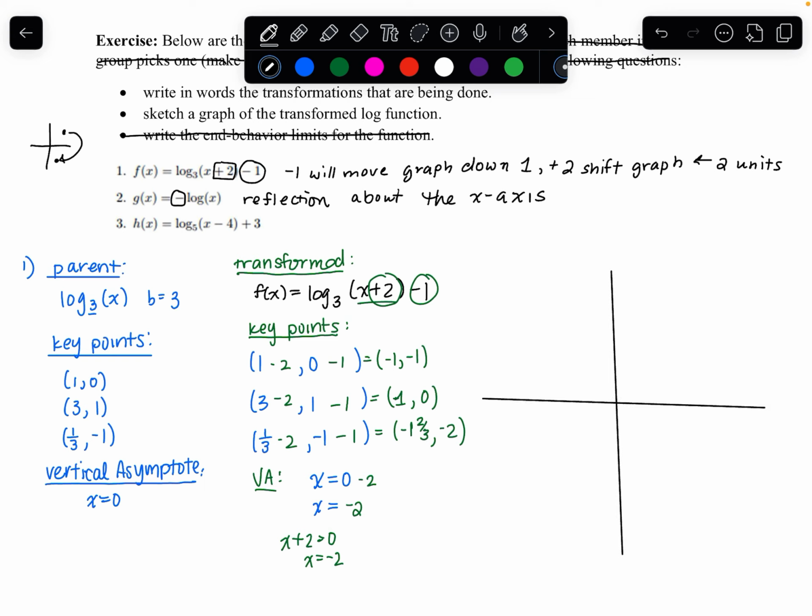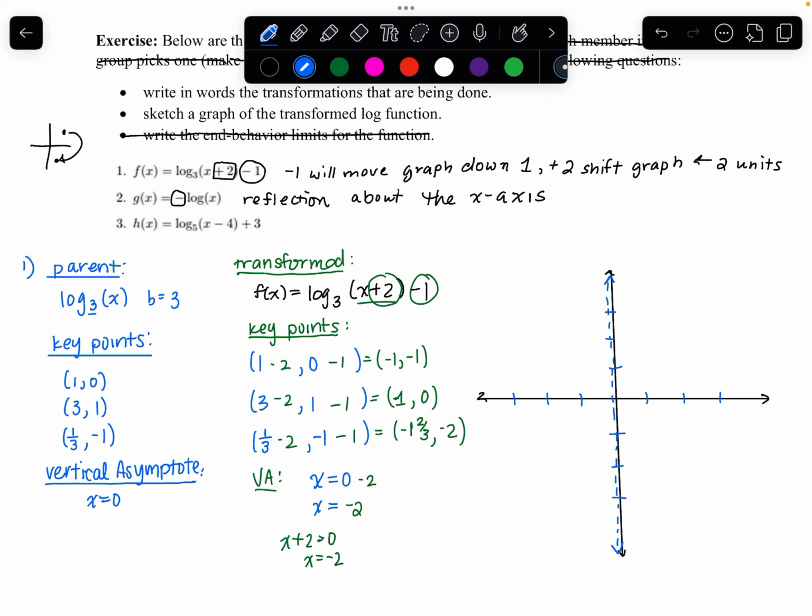Put it all together on our graph. I'm going to draw both my parent graph and my transformed graph so we know how to kind of work with either approach. Here is my parent graph. There's my vertical asymptote. 1, 2, 3, 1, 2, 3, 1, 2, 3, 1, 2, 3.